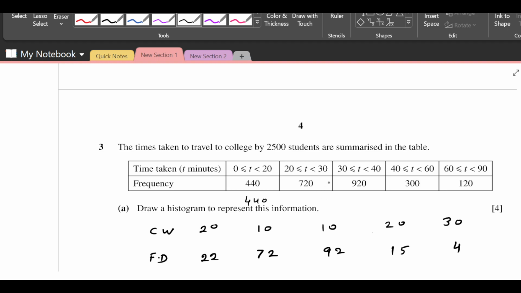I am doing here 440 plus 720. So 440 plus 720 gives 1160, plus 920 it is 2080, plus 300 it is 2380, and last it is 2500.